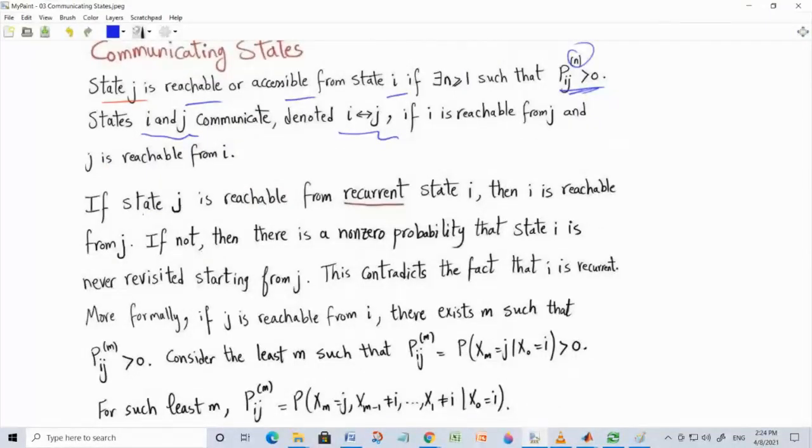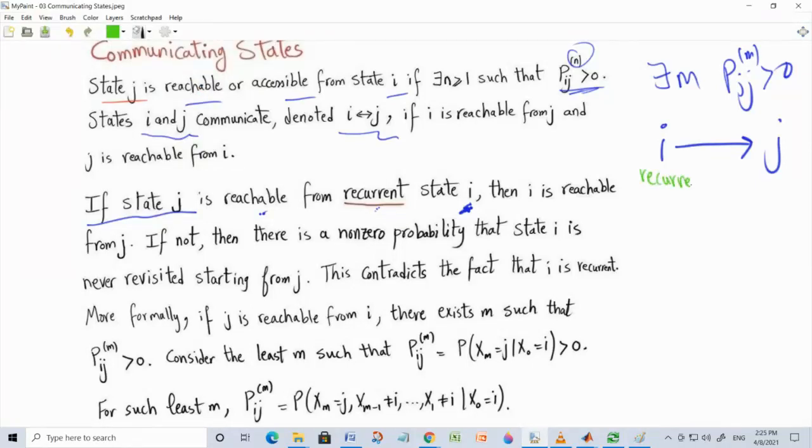Now, let's study this very important case in which a state j is reachable from state i, and state i is specifically a recurrent state. So j is reachable from i, so there exists an m such that Pij of m is greater than 0. But now we have this little piece of information that i actually is recurrent.